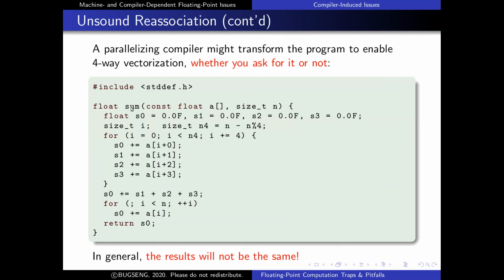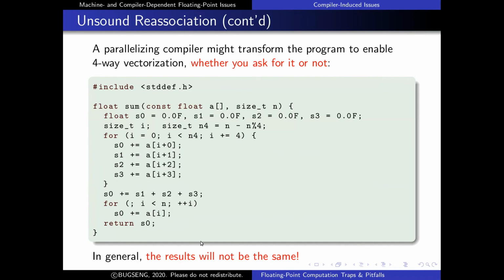So this is a transformation. As you can see, with this transformation, a vectorizing compiler can add four values at a time. And so this goes in parallel with parallelism 4. Then at the end, the remaining values, which will be, of course, no more than 3, will be added.